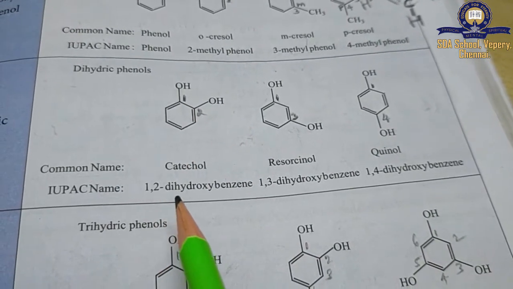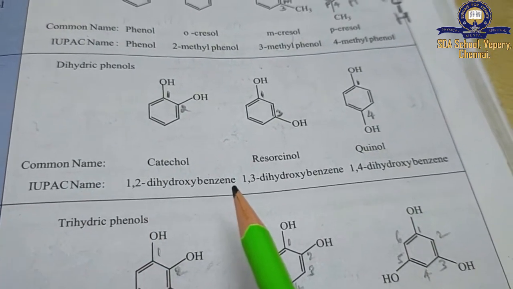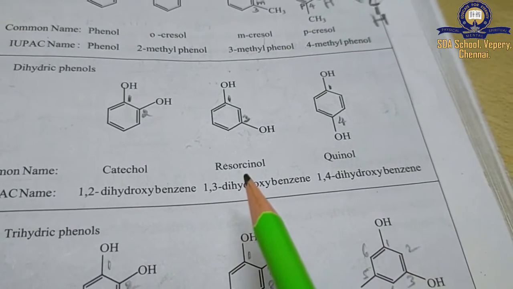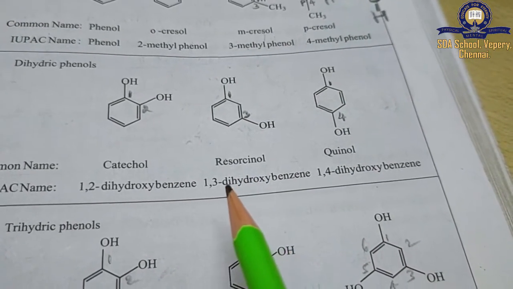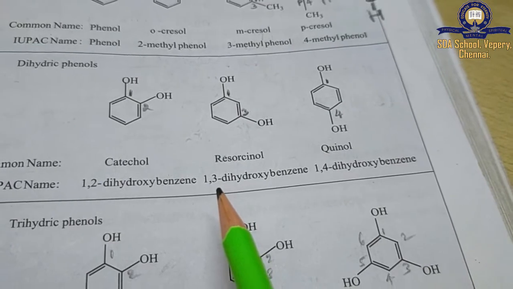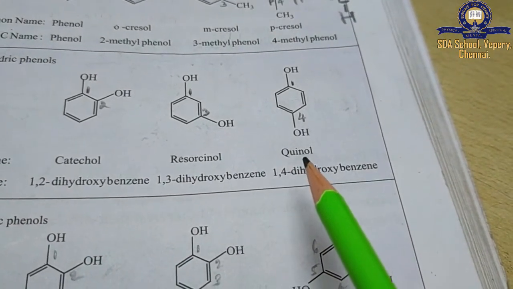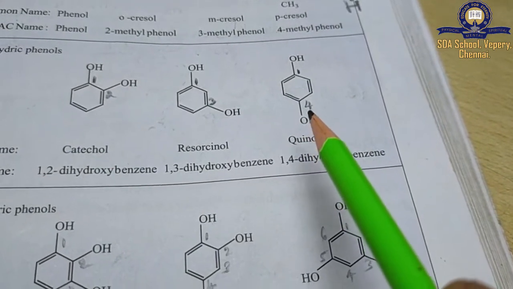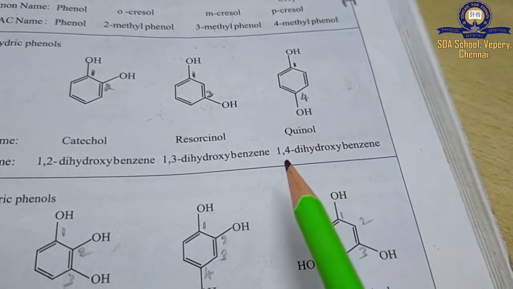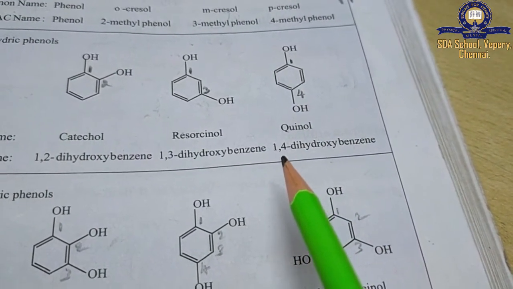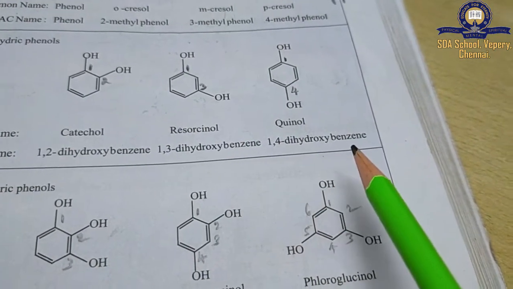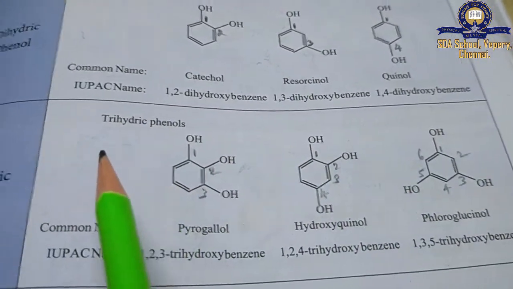So 1,2-dihydroxybenzene. The second one, resorcinol, has 2 OH groups at the first and third positions. Then the last one, quinol, has 2 OH groups at diagonally opposite positions, that is the first and fourth positions. So 1,4-dihydroxybenzene.